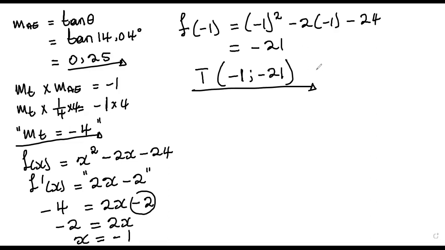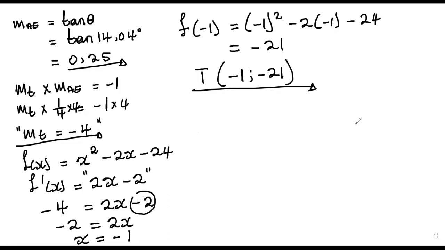Because the gradient of the tangent and that of the function itself are the same thing at that point, we equate them. Then we find the x-coordinate, and then the corresponding y value by substituting into the original equation. I hope this makes perfect sense.